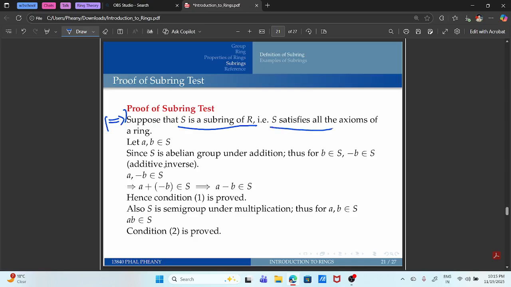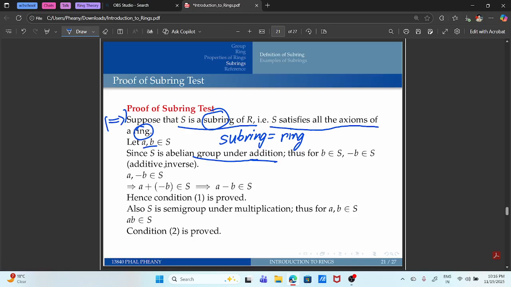It means that S satisfies the axioms of the ring O. So let's say there are two elements a, b belonging to S. Since S is an abelian group under addition. Why? Because S is a subring, and we have to know that a subring is a ring, and a ring is an abelian group under addition.